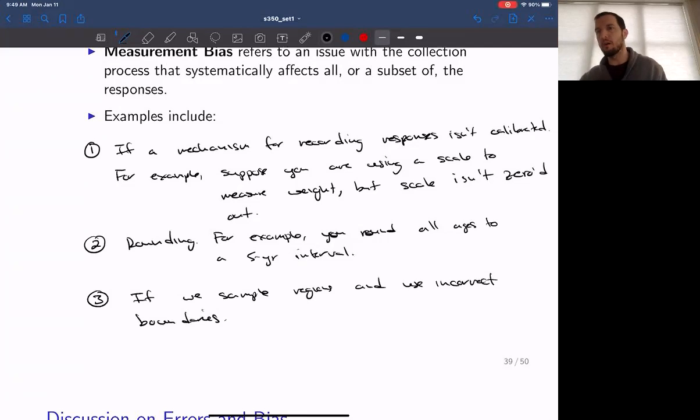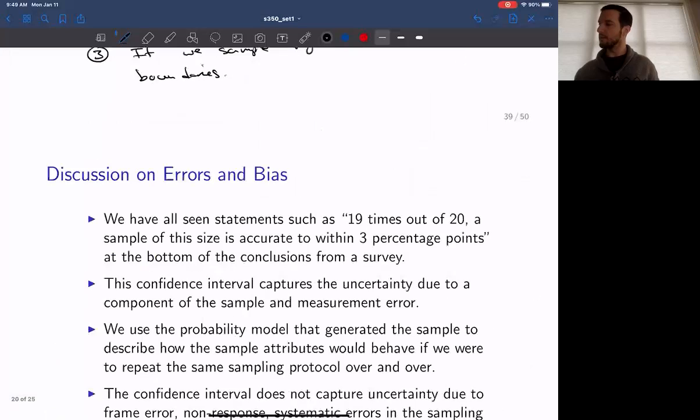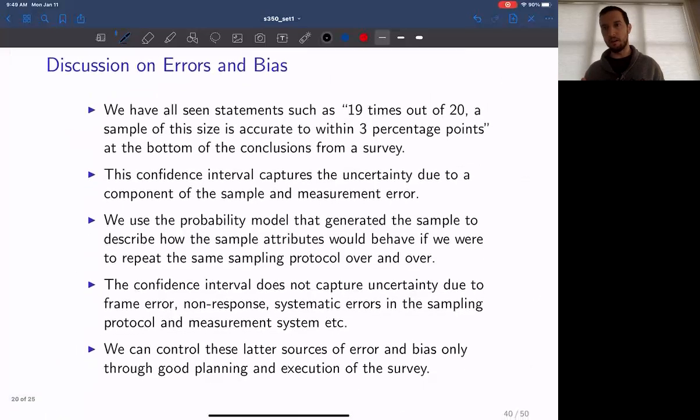Now, I think that this would also have to do with the idea of study error and misalignment of the frame and the target population, but this could also lead to a type of measurement bias. And again, I think the overall point here is that in the end, there are many different errors that can occur. One of the main things that we're trying to do is avoid using a sample that isn't representative of the population.